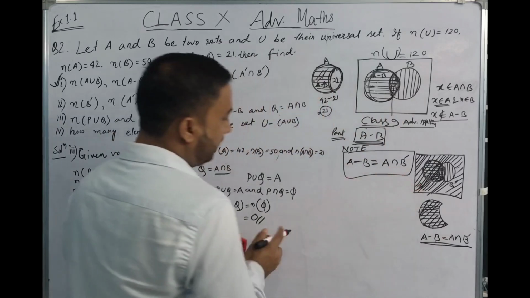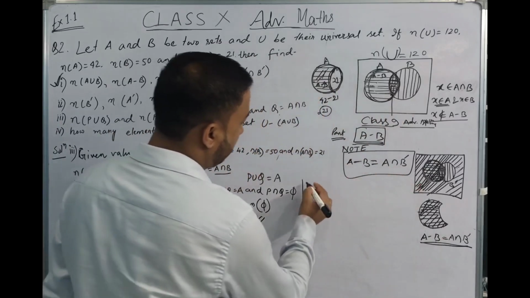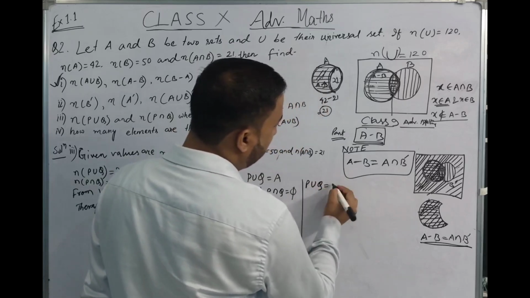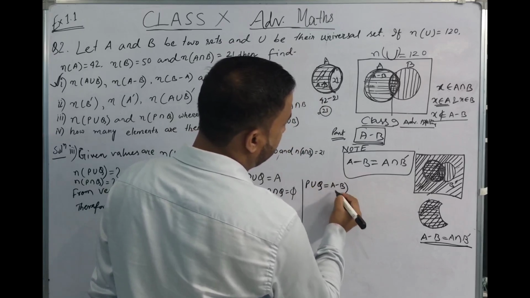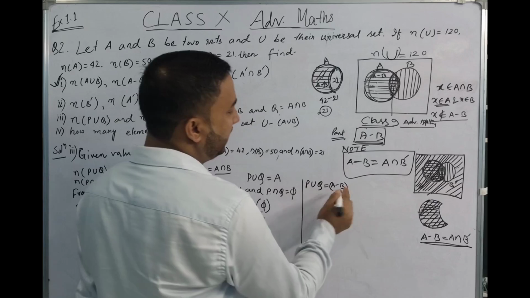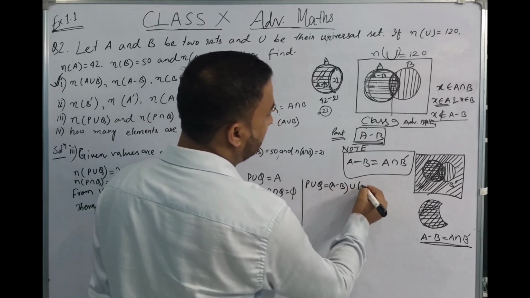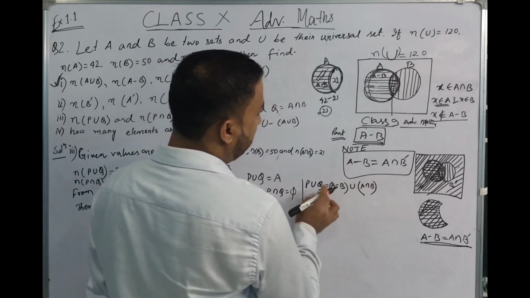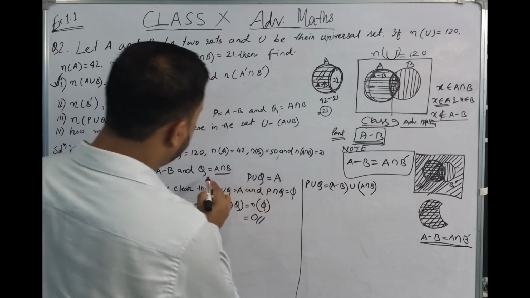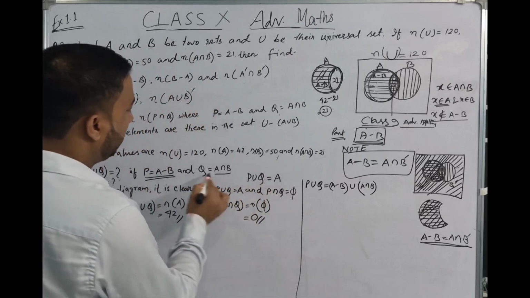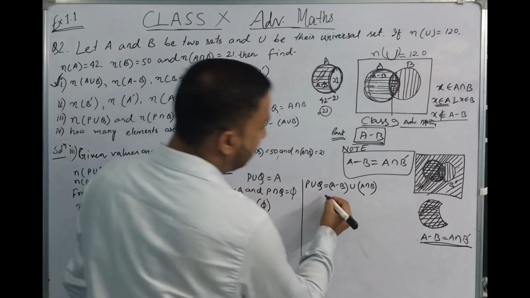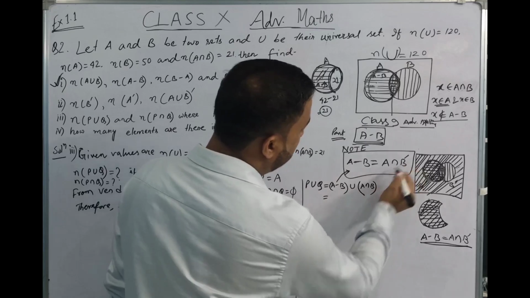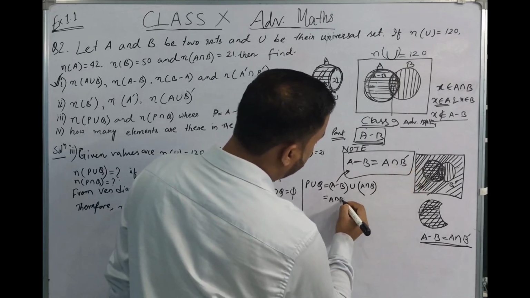Let us do this. What is P union Q? P union Q will be equal to what? P is A difference B, and union Q. What is Q? A intersection B. It is given to us, right? P is A difference B and Q is A intersection B. Now, in place of A difference B, can we put A intersection B complement?